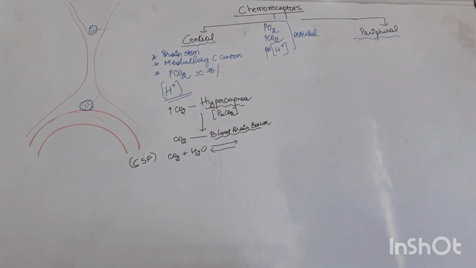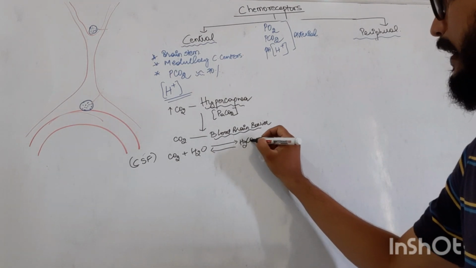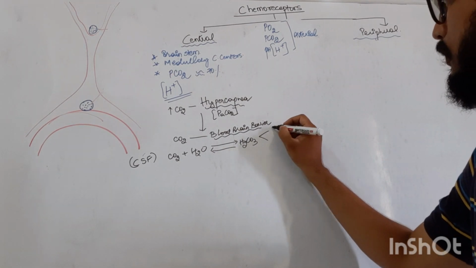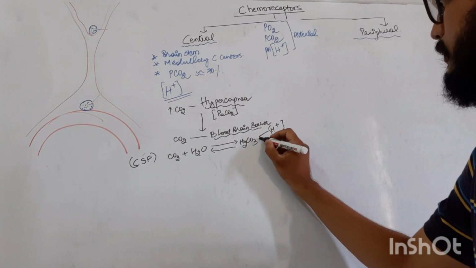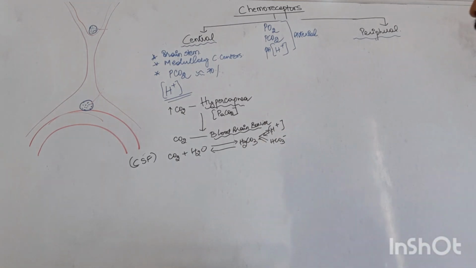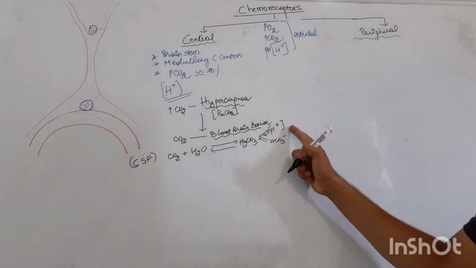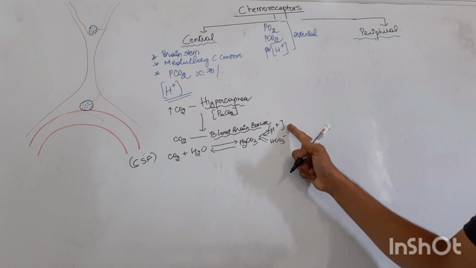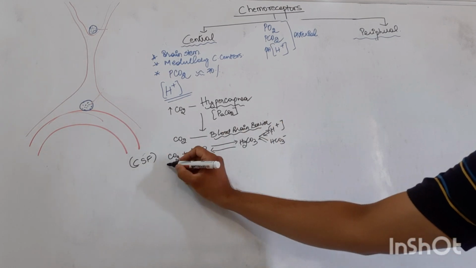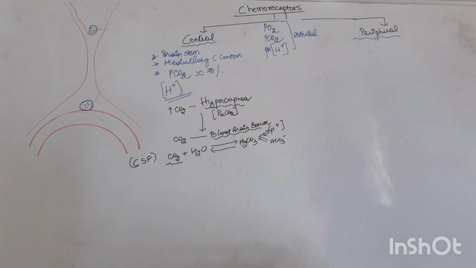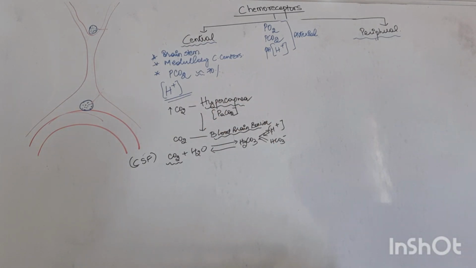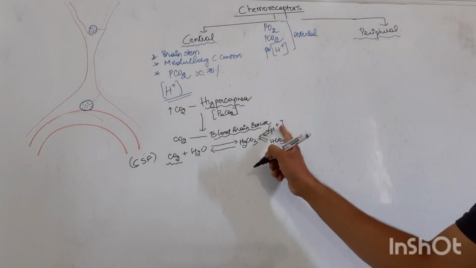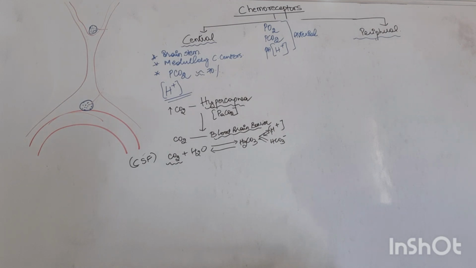In the cerebrospinal fluid, it forms carbonic acid, which dissociates into H plus ions and bicarbonate ions. So this production of H plus ions in the cerebrospinal fluid is due to the carbon dioxide that is entering via the blood-brain barrier from the peripheral circulation. That's why it is called carbon dioxide induced hydrogen ion production.